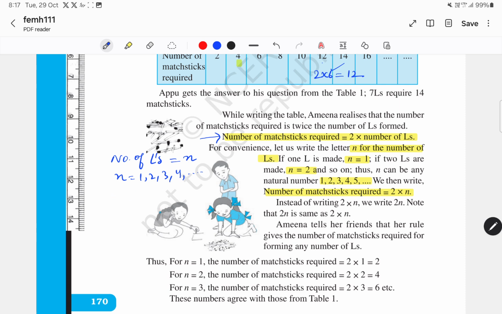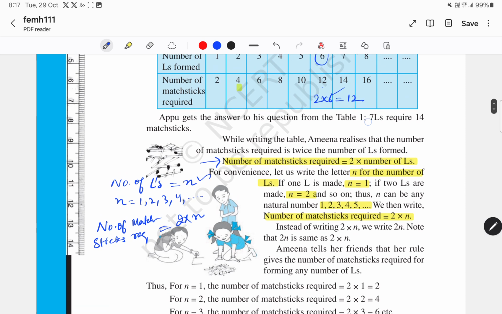So we can write the formula: number of matchsticks required is equal to 2 times N.